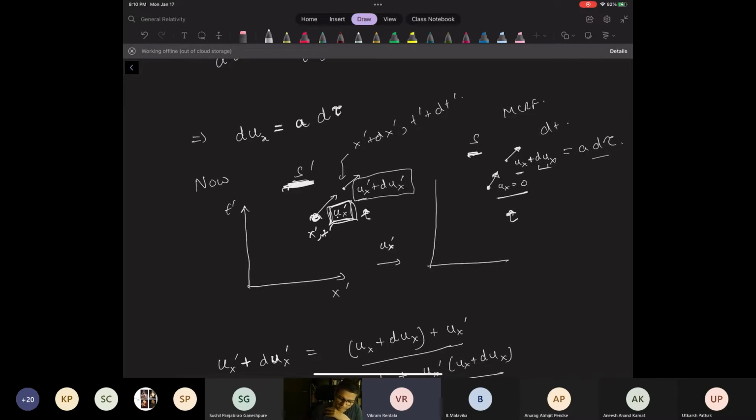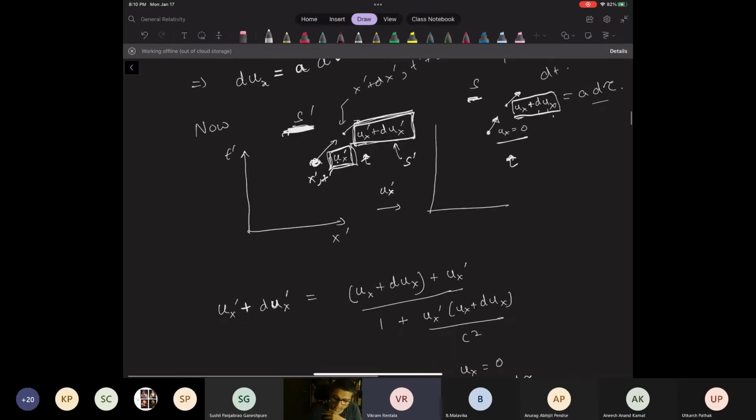So now we can just do a velocity transformation, and we can use it to figure out the speed in frame S prime at this instant relative to the speed in frame S, the MCRF, after the particle has moved and picked up this small extra speed.